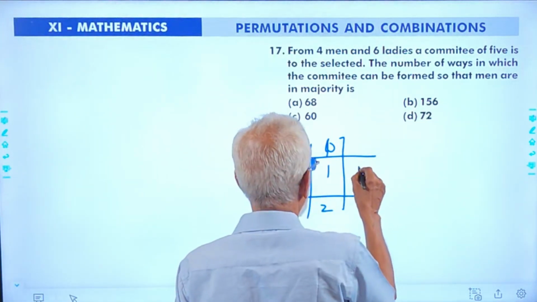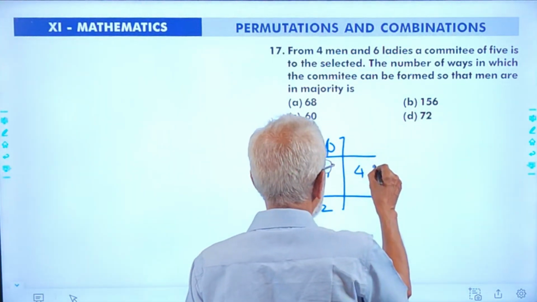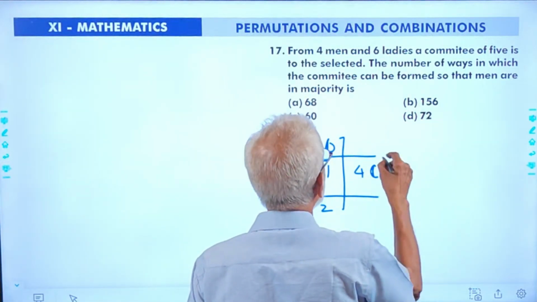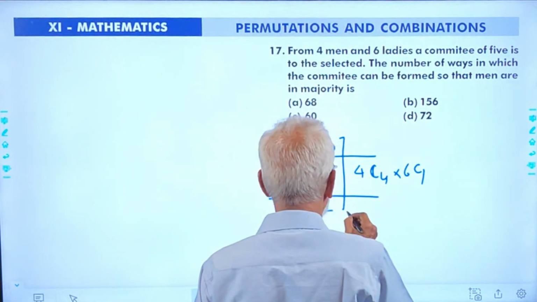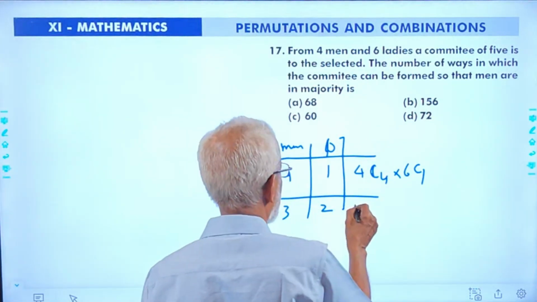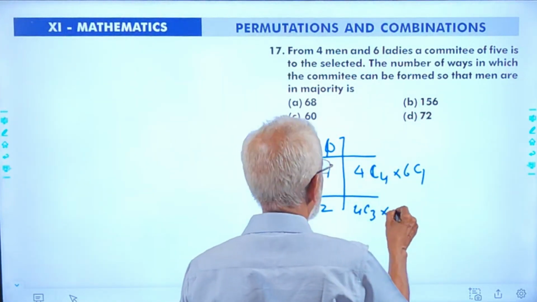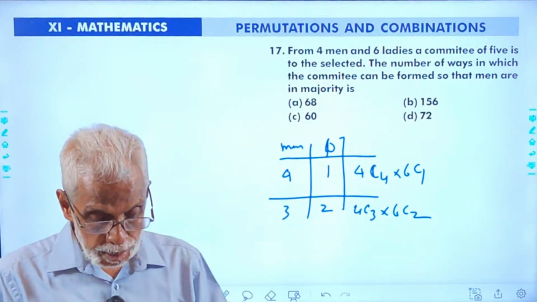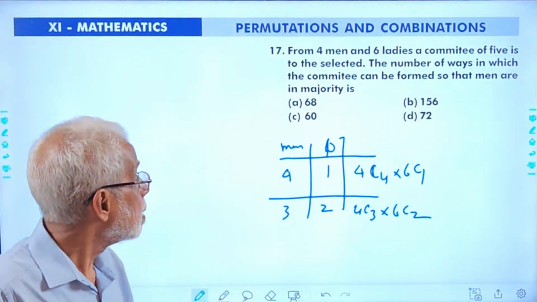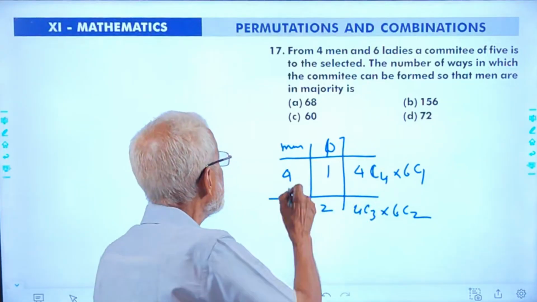4 men from 4 men can be selected in 4C4 ways, 1 lady from 6 ladies can be selected in 6C1. 3 men from 4 men 4C3 into 6C2. Therefore, total number of ways, adding these two, we get 60.